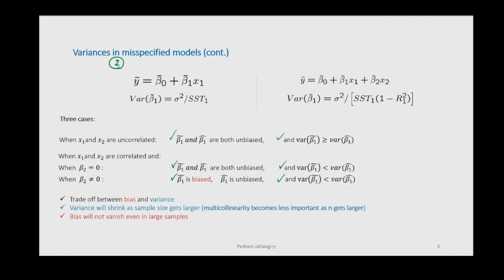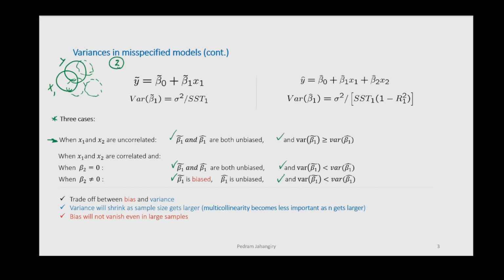There's only one x1 in the model. So this is your y, this is the x1. And x2 is dropped, but where x2 is depends on different scenarios. Sometimes x2 is here, sometimes x2 is here, sometimes x2 is here. I want you to think about these 3 different cases and confirm the statements here.